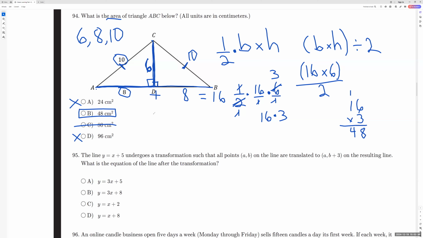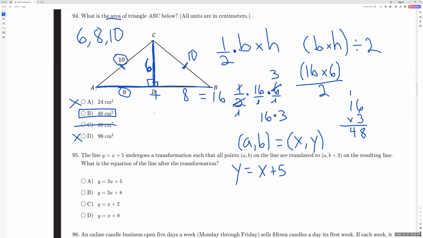Okay. Now, the line y equals x plus 5 undergoes a transformation such that all points AB, remember that A is the x and B is the same thing as x and y.